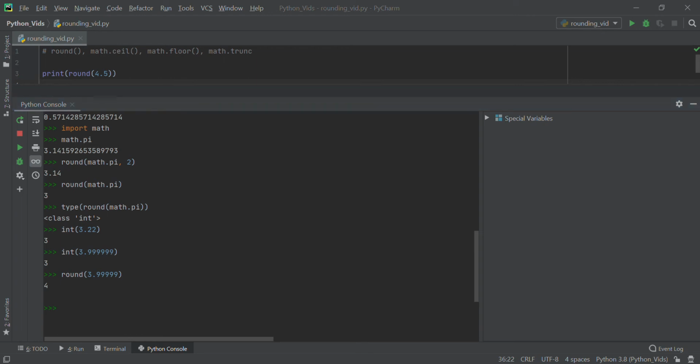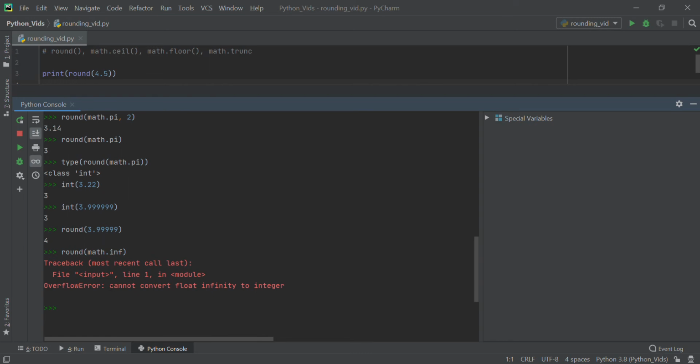And a couple other quick things. Can you round infinity? As you might recall, to represent infinity, you can do math.inf, which we discussed in detail in my previous video. You cannot. You get an overflow error. Basically, the computer's telling you, hey, that's too much. And fair enough. And what about not a number, which is also discussed in my previous video?